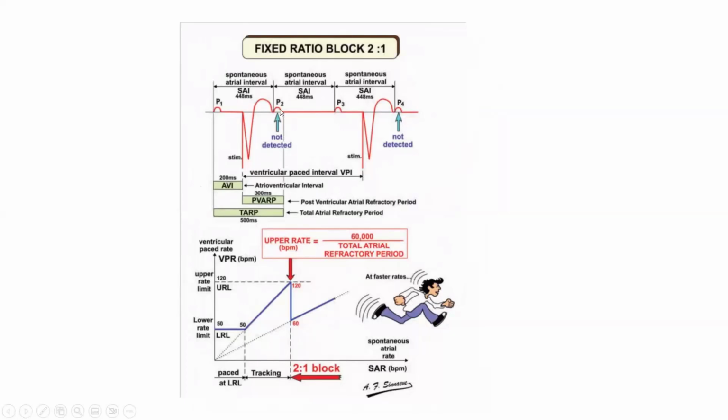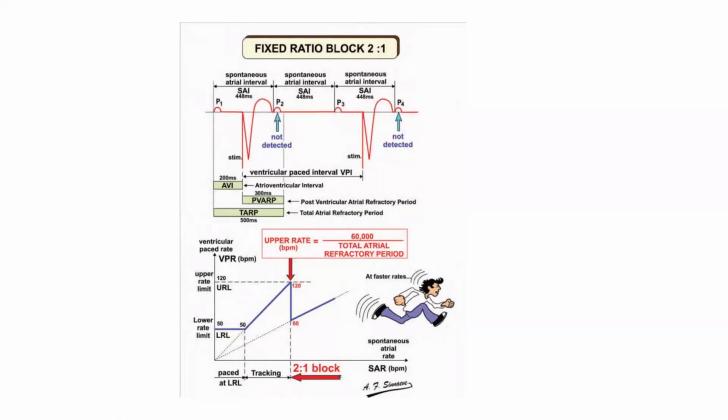If the second P wave, the heart rate is very fast, or the atrial is fast, it doesn't need to be very fast, just needs to be faster than the TARP, and it gets inside the PVARP, then this second P wave is not detected, and for the pacemaker nothing happened, and he waits for the next P wave. This P wave will occur and it will not miss, it will not feel the fourth P wave, and at this time the patient will go into 2 to 1 heart block.